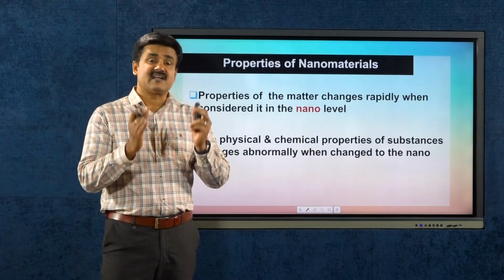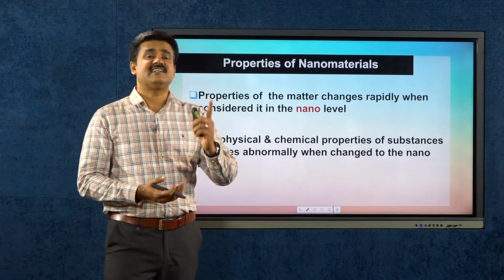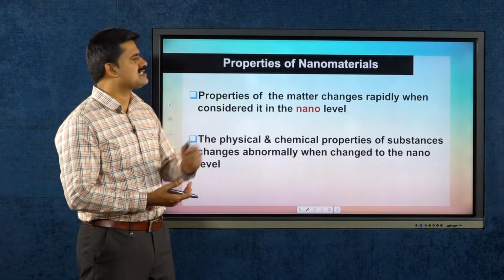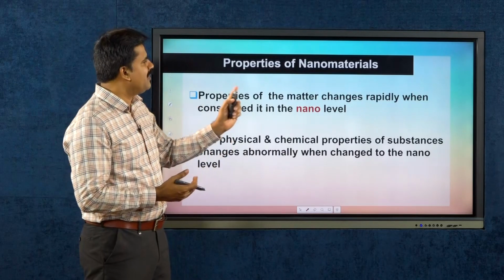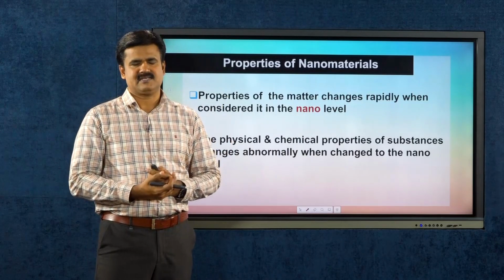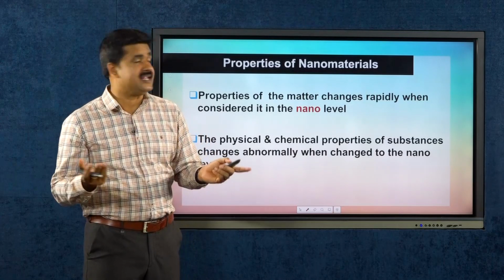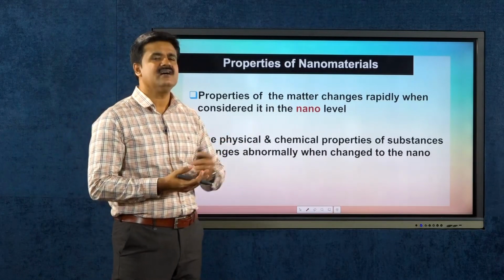Now, we are discussing another area, that is nothing but the properties of nanomaterials. The properties of matter, that is every matter, change rapidly when considered at the nano level.